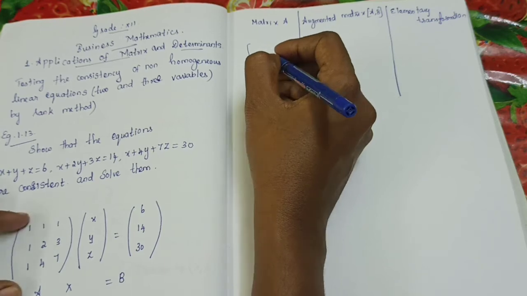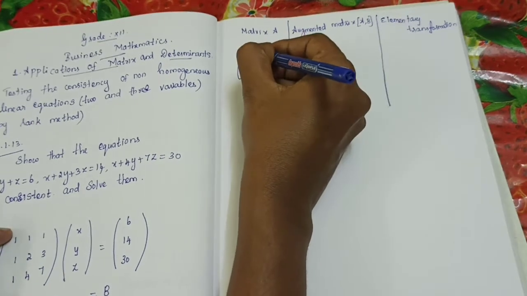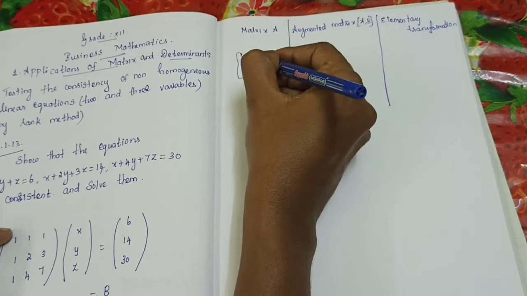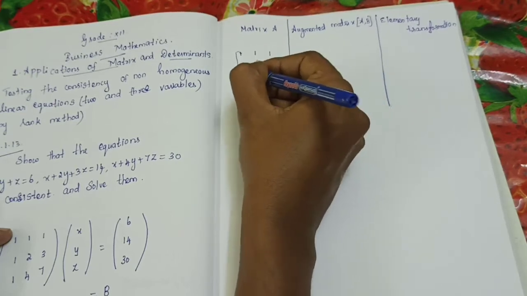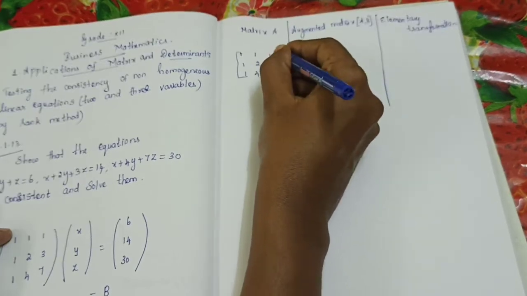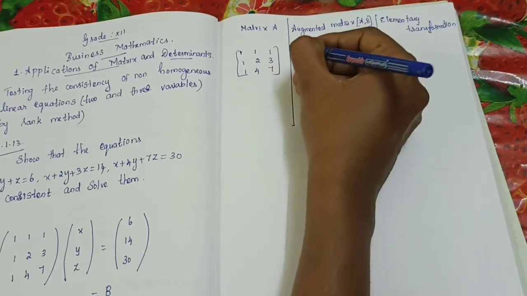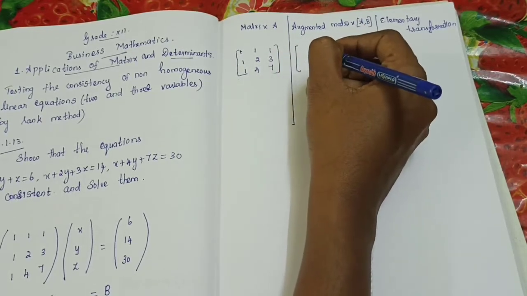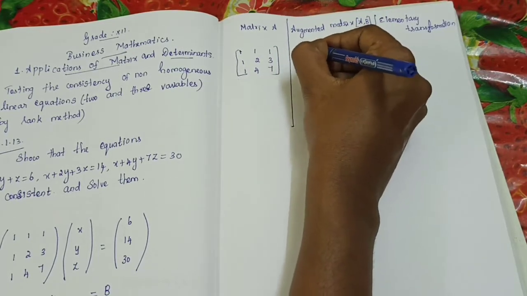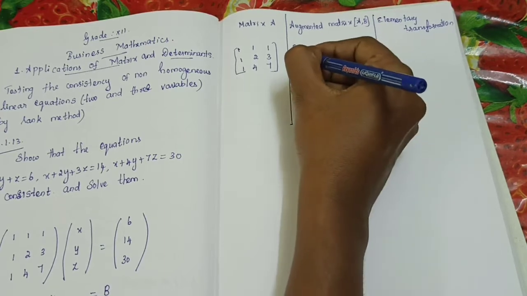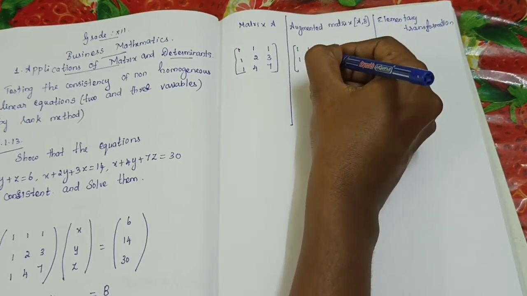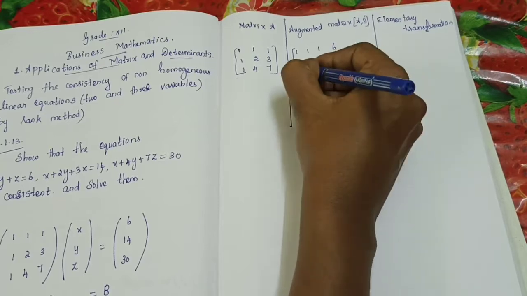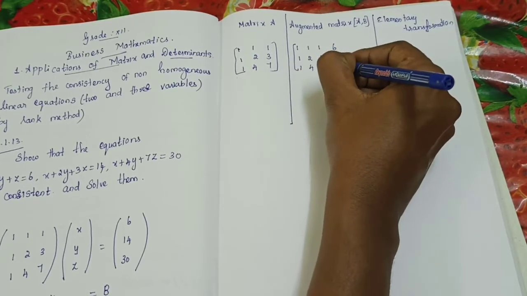This is matrix A: 1 1 1, 1 2 3, 1 4 7. Then A and B: 1 1 1 6, then 1 2 3 14, 1 4 7 30.